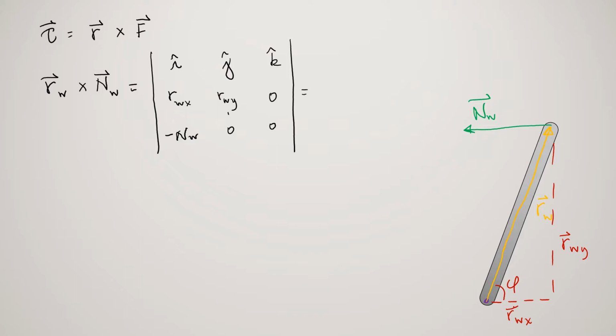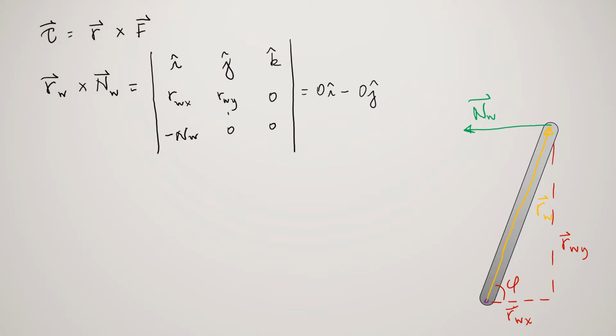And so with the cross product, there are no remaining terms in the I hat direction. And then we're going to look at the J hat direction. Same thing, when I look at J hat, I get no remaining terms in the J hat direction.